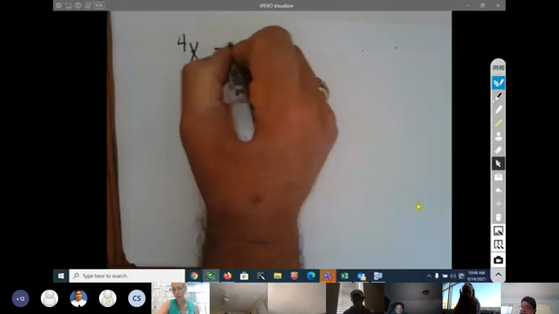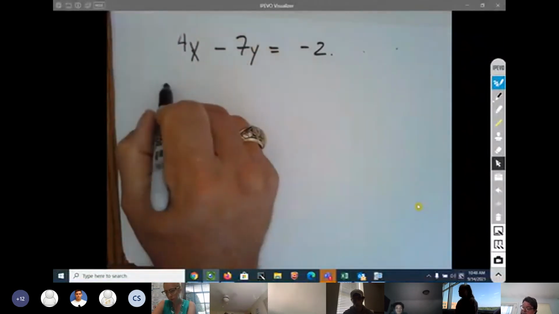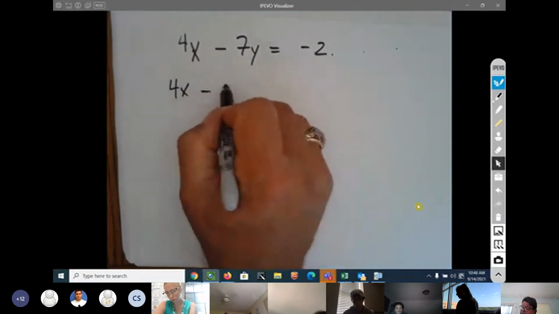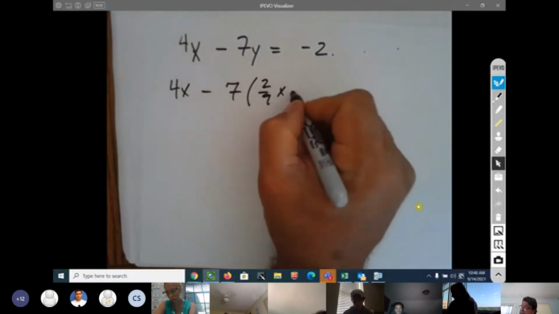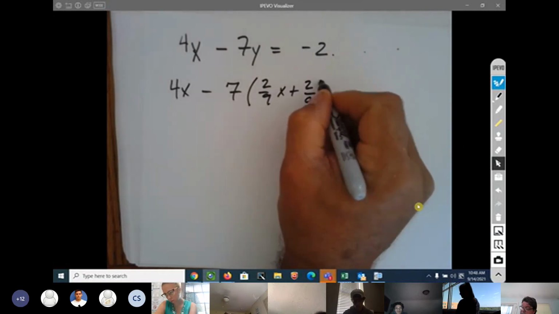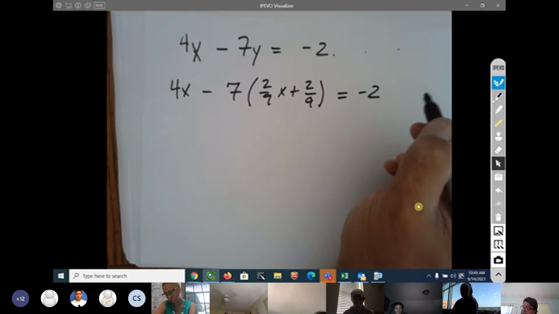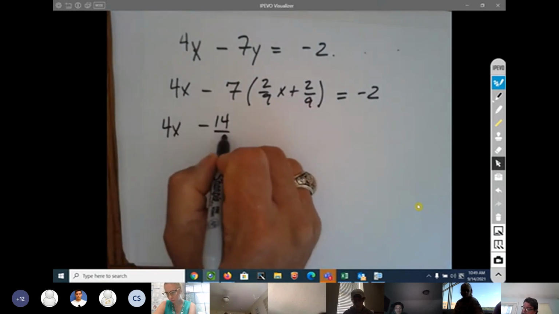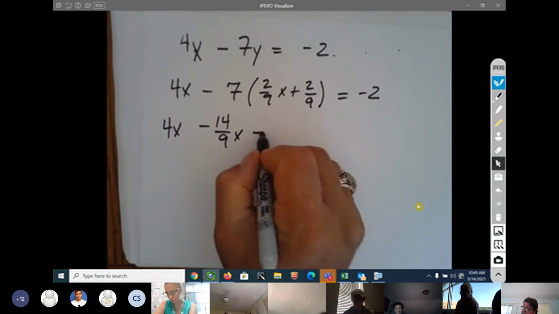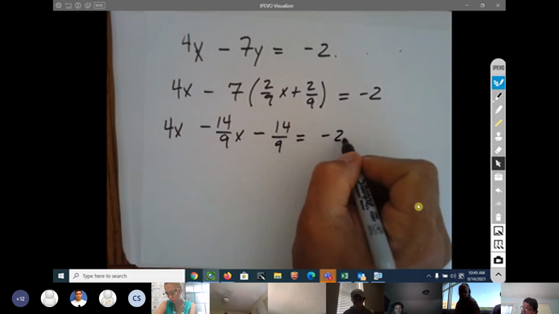4x minus 7y is equal to negative 2. 4x minus 7 times 2/9 x plus 2/9. There we go. Equals negative 2. 4x minus 14/9 x minus 14/9 is equal to negative 2.